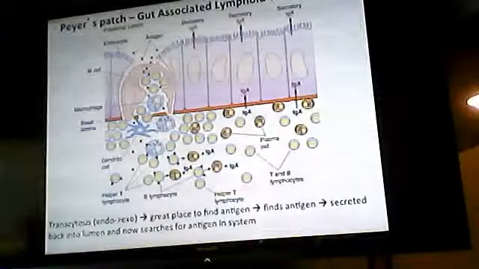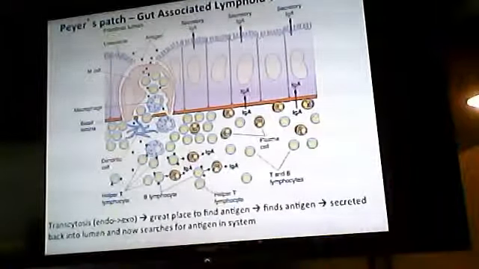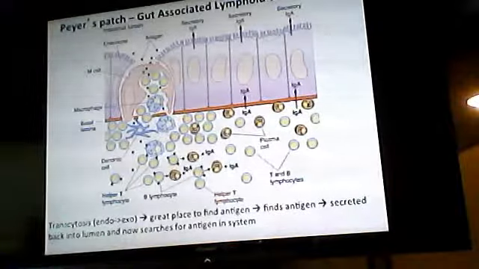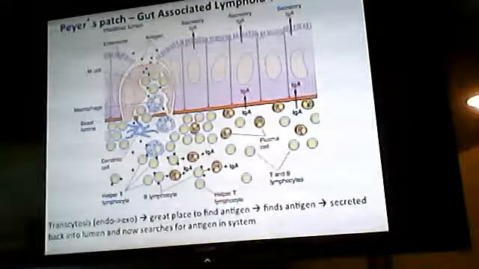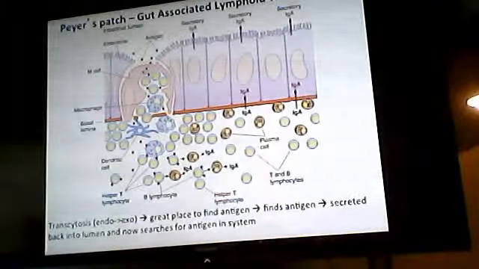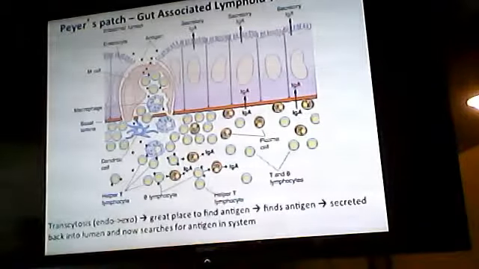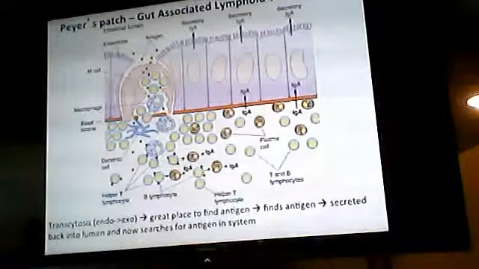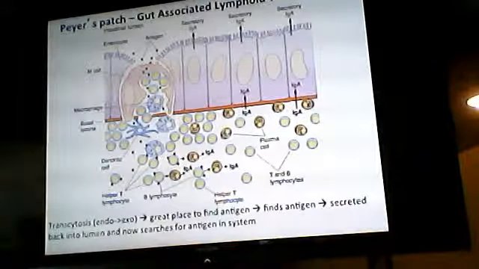Next, we have Peyer's patches. That's gut-associated lymphoid tissue, commonly called GALT, okay? If you ever see GALT or MALT, those refer to some form of lymphoid tissue, okay? What happens is your naive immune cells are swimming around the Peyer's patches, and they're like, oh, I need to find an antigen before I can mature.